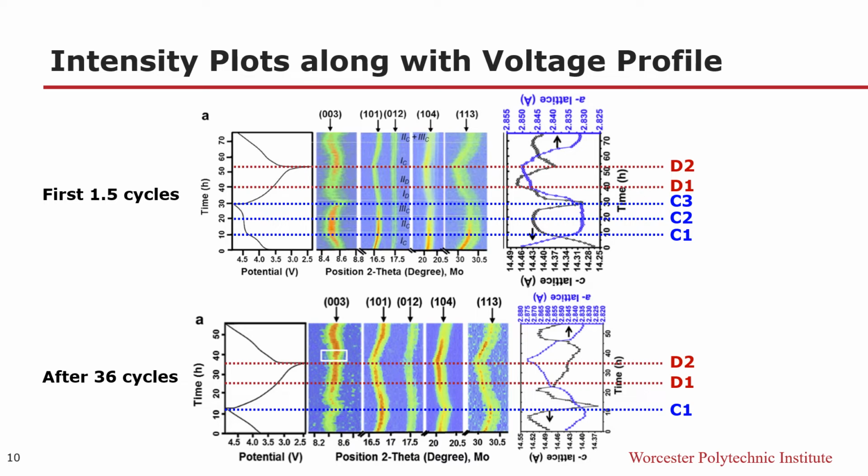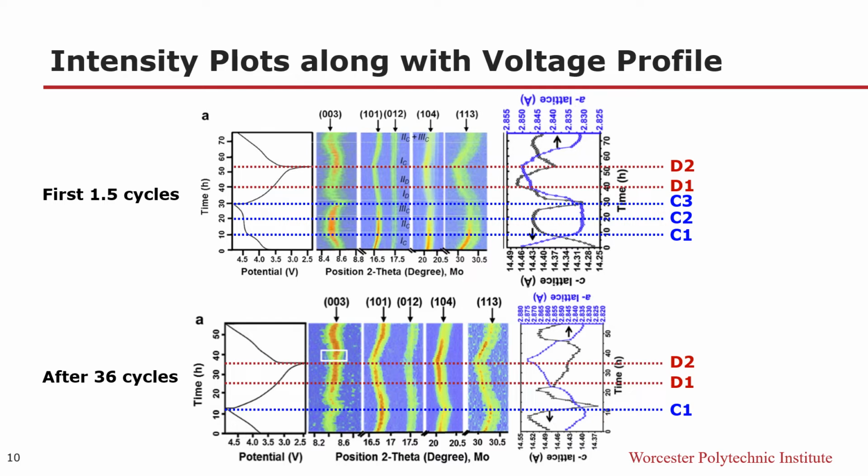In the second charging stage C2, the c lattice parameter increases smoothly and the a parameter remains constant, which suggests that within the plateau region, the average ionic radius of the transition metal ions remains the same. For this reason, the charge compensation must occur by another source, possibly oxygen release.